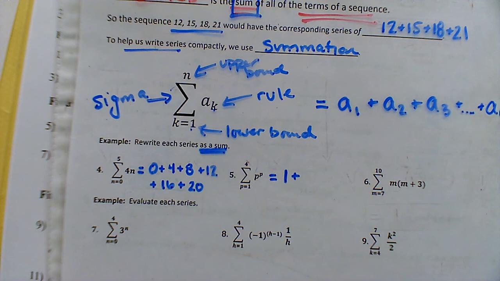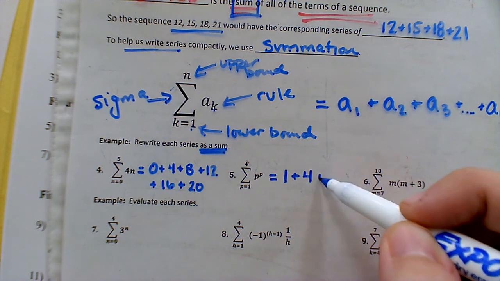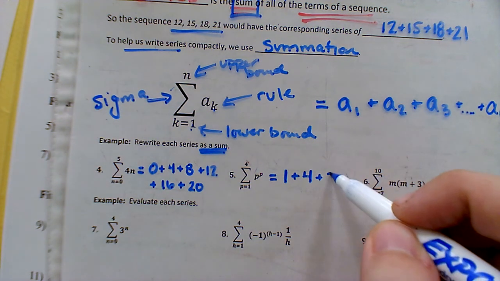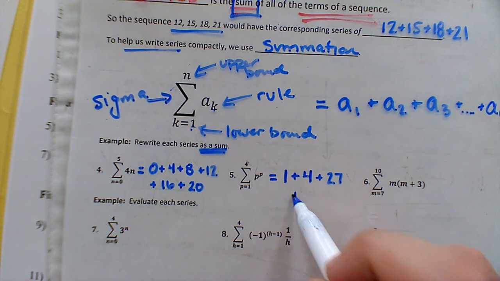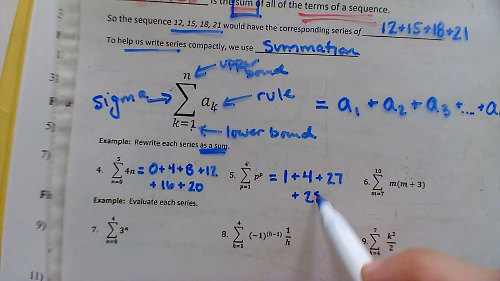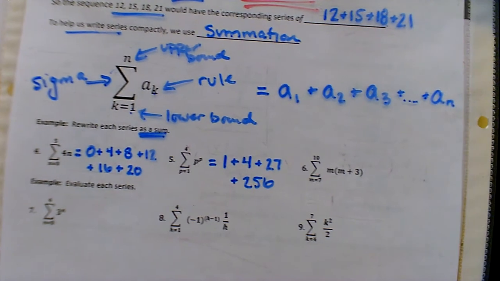We then have to add 2 to the second power, which would be 4. Then add 3 to the third power, which would be 27. And then we're going to end with 4 to the fourth power. Do we know that one? 256. Good. All right. We'll leave it like that.